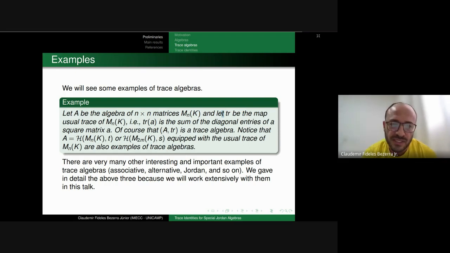Likewise, the Jordan algebra of the symmetric elements under the transpose or symplectic involution, equipped with this trace, are also examples of trace algebras. Of course, there are very many other interesting and important examples of trace algebras, but I give these examples because I will work extensively with them in this talk.